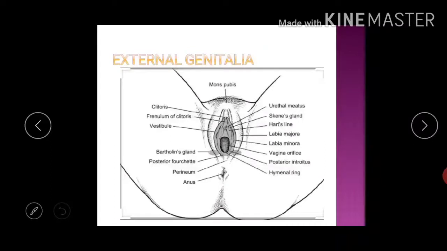Now, the first part is known as the vestibule.